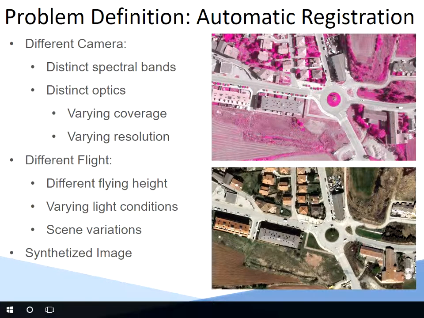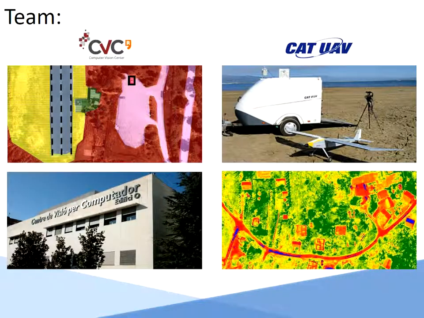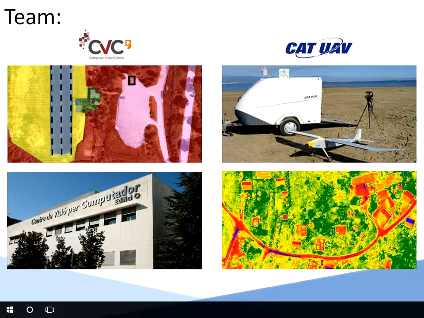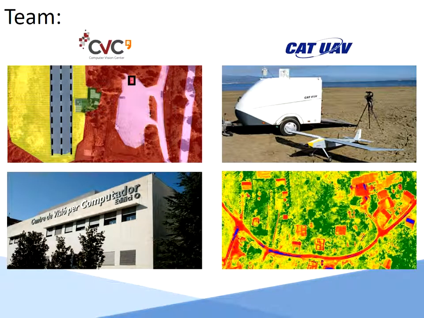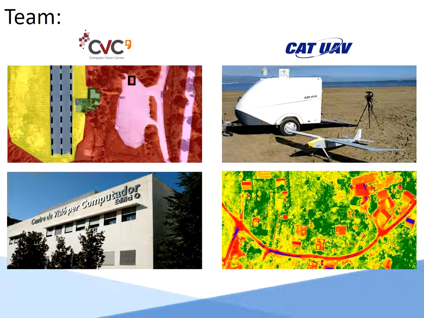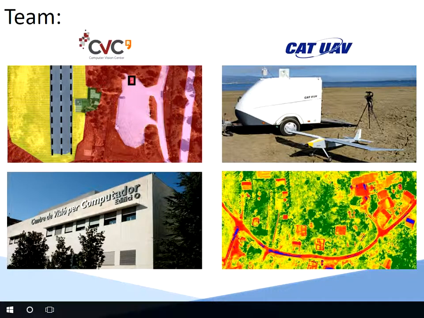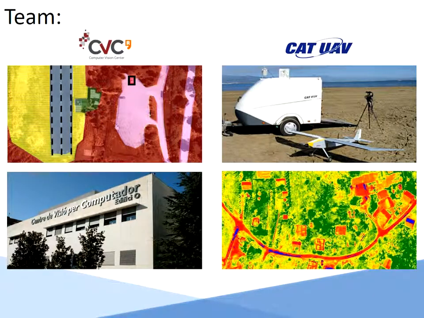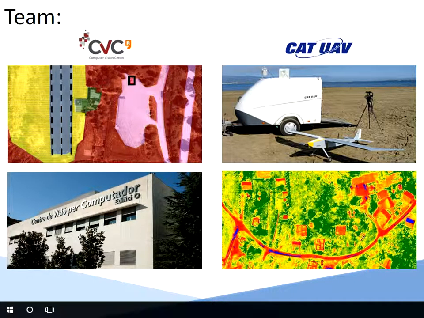So doing this kind of registration is a kind of trick. In order to proceed with the problem, what we did is we partnered in this project with the Computer Vision Center, that is from the Autonomous University of Barcelona, that has 20 years experience working with computer vision techniques, and also CAT UAV, the company I was working for, that has been working since 2000 with UAV, providing remote sensing and Earth observation services.